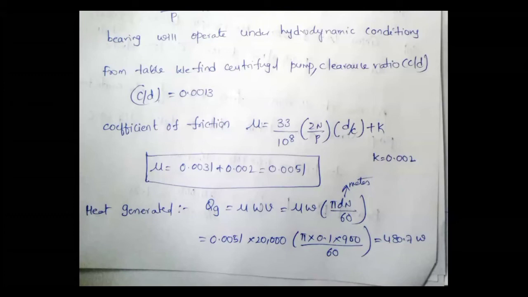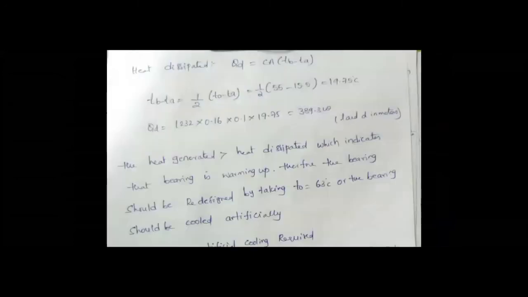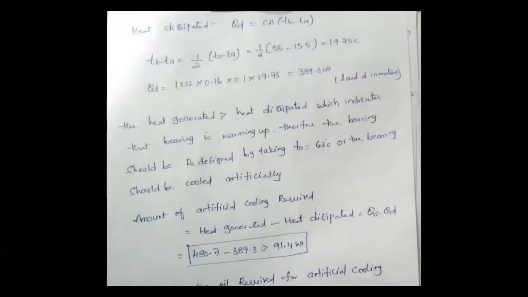So this is very easy. Qg value is a direct formula. Now the amount of heat dissipated. Amount of heat dissipated equal to Ca into Tb minus Ta. We already know the formula, I explained it in yesterday's class. Now how do you calculate Tb minus Ta? Tb minus Ta value equal to half of T0 minus Ta.